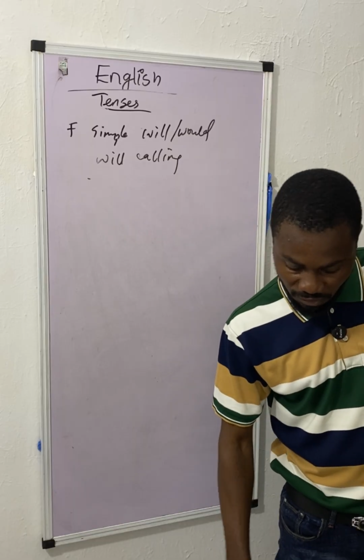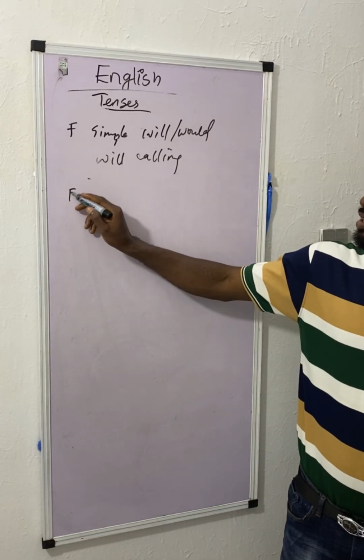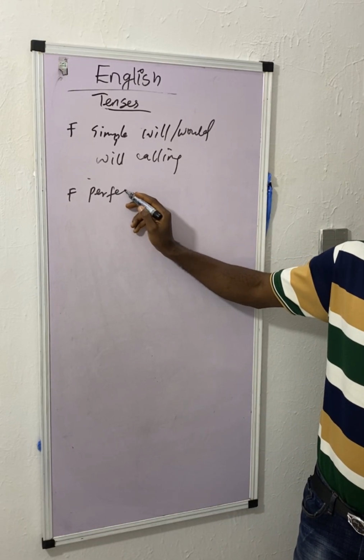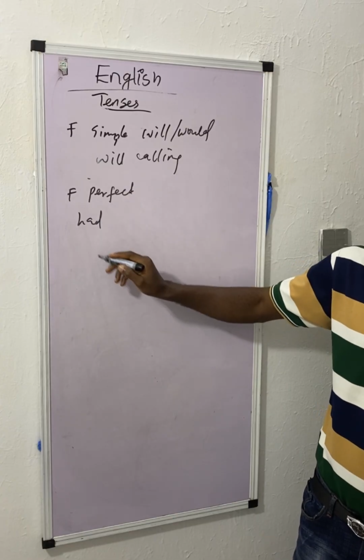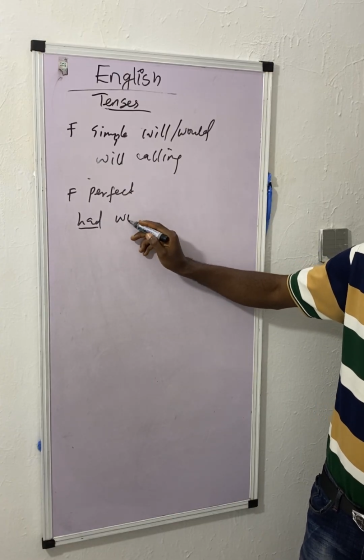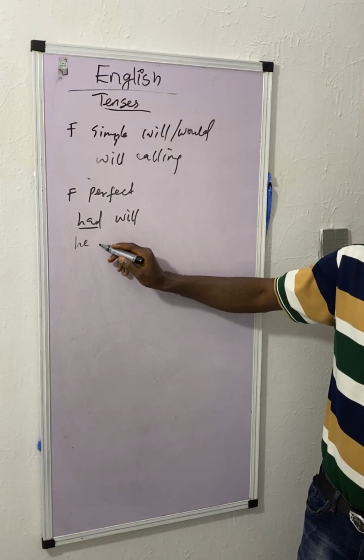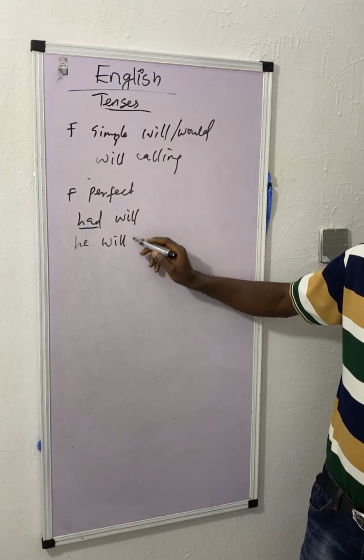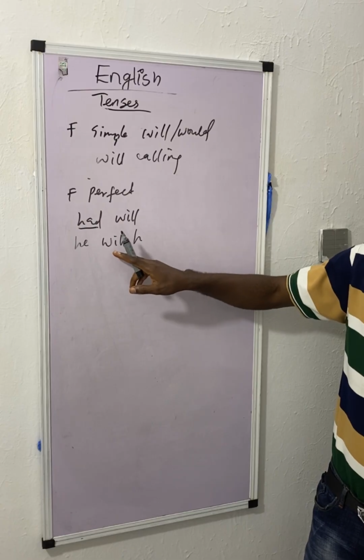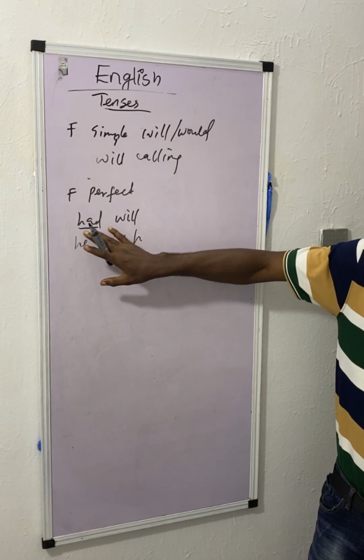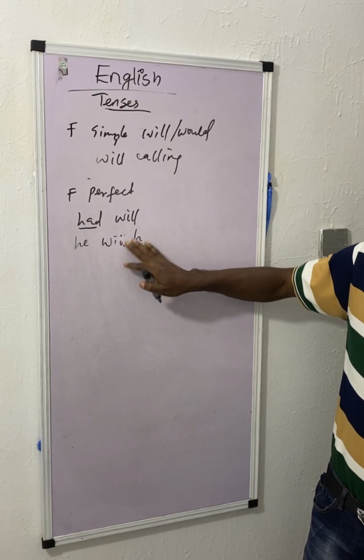Then the next one, future perfect. What is a perfect? Bring a perfect tense like had, right? Then bring future tense like will. Okay. So we can use something like he will had. But since we are using had here as perfect, let's use would.